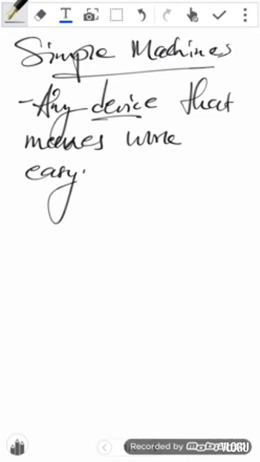We have so many devices that make work easy, but my main focus is not to look at such devices, but for us to understand what we're trying to talk about. The main goal under this topic is to actually understand that we have particular devices that make work done easy.